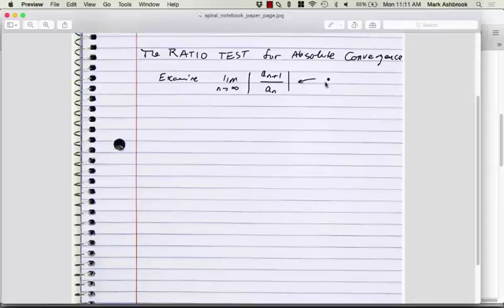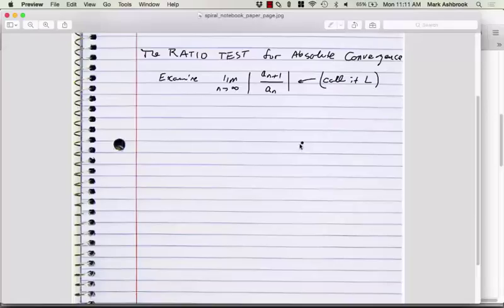And so we'll call this L, right? So that limit we'll call L, okay? So you look at the absolute value of the ratio of the n plus first term to the nth term, and you look at that limit as n goes to infinity.